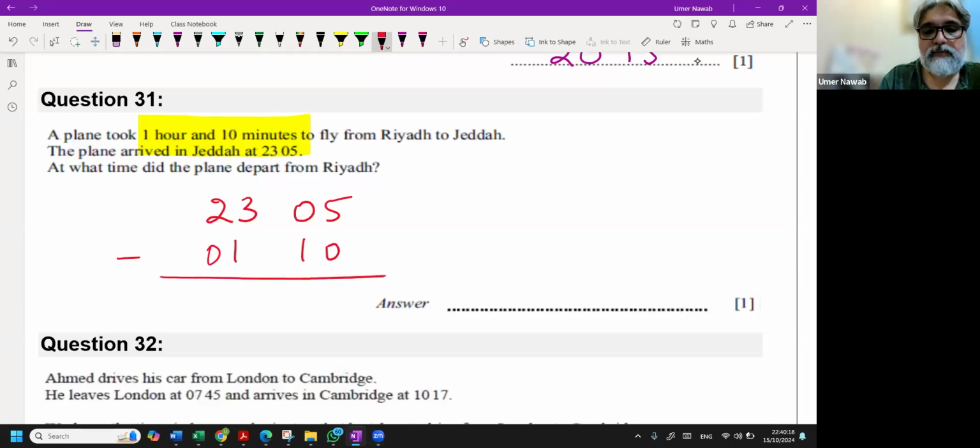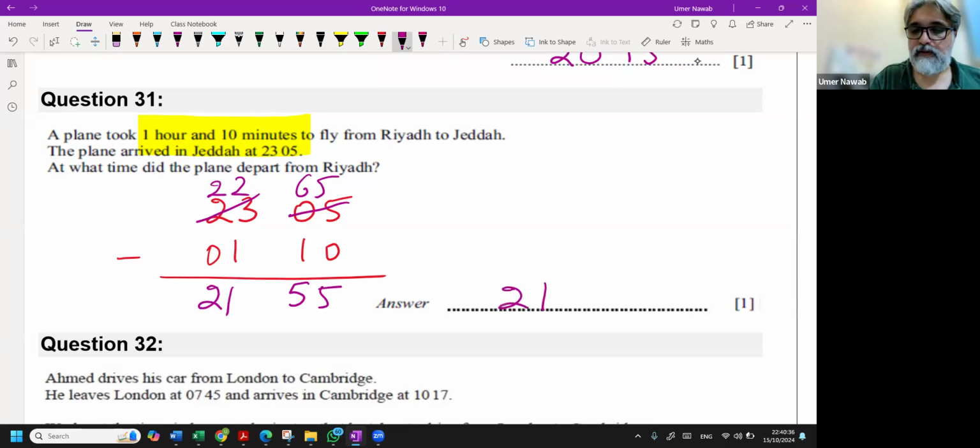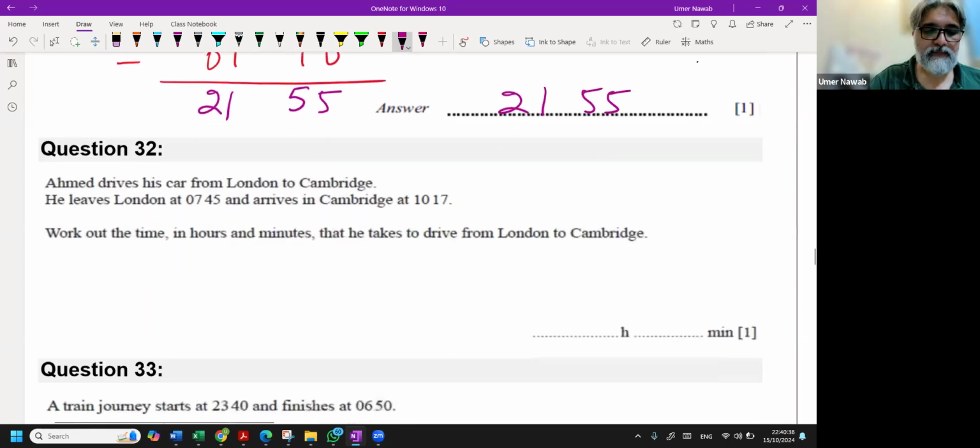I cannot subtract 10 from 5. So 23 becomes 22, and this 1 hour will be added on to the minutes. So 60 plus 5 is 65. So 65 minus 10 gives you 55, and 22 minus 1 is 21. So 21:55 is the correct time.